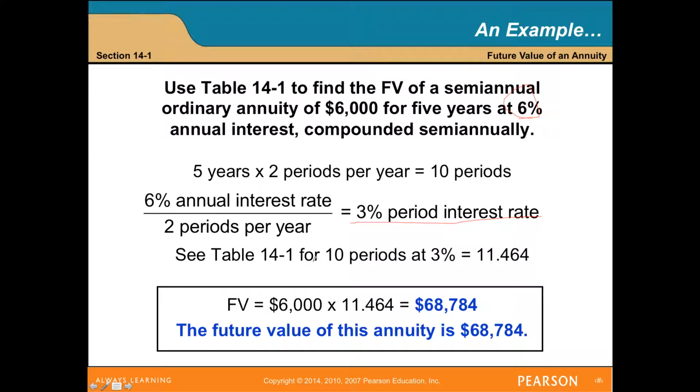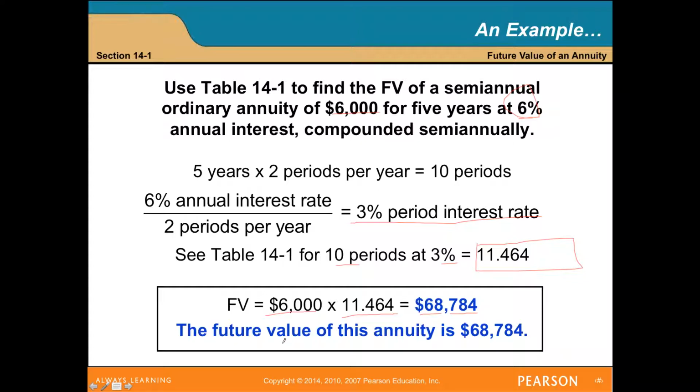See table 14-1 for 10 periods at 3%, and then you'll find, if you refer to table 14-1 like I asked you to, 11.464. So the future value equals 6,000, which is given from the problem, times 11.464, which equals 68,784.